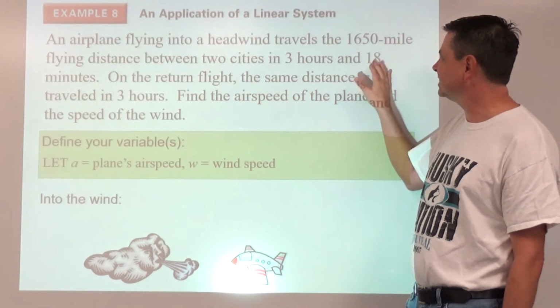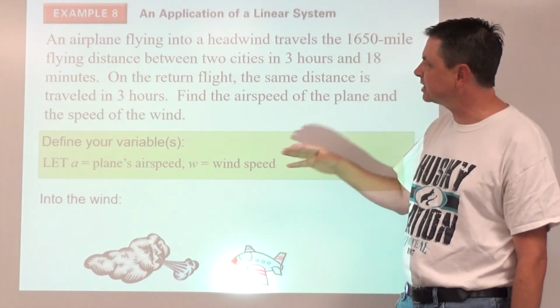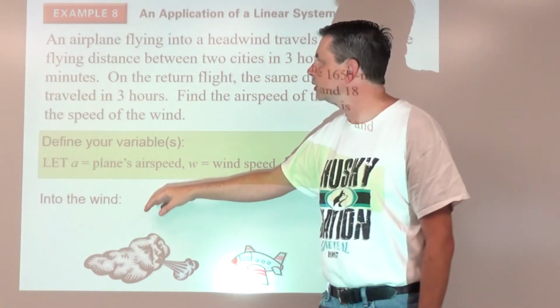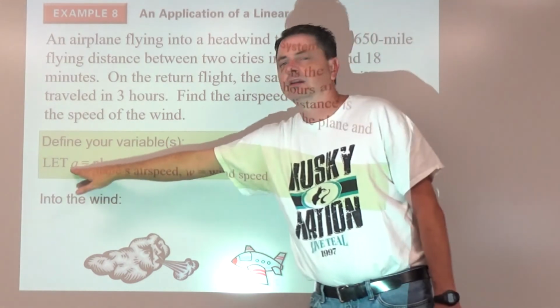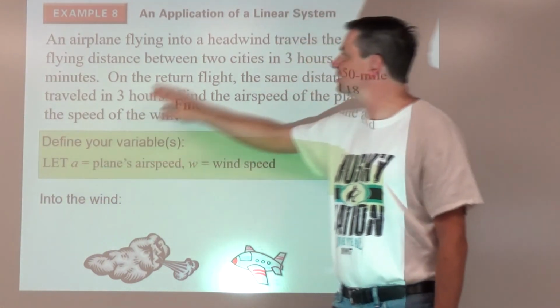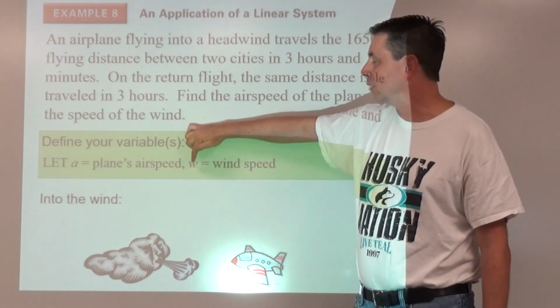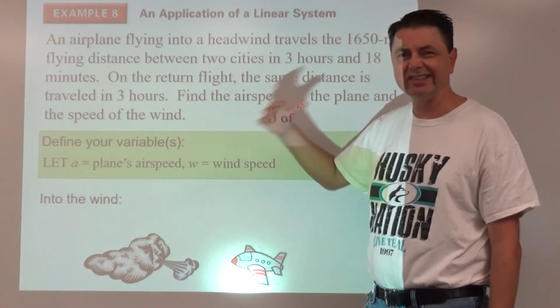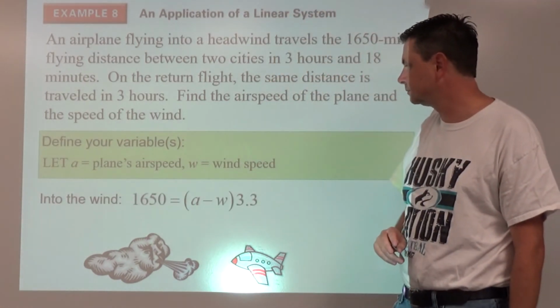So we're talking about 18 minutes out of 60. And then the rate, that's what we're going to have to figure out, because without a wind, the speed is A. And in this case, we're flying into the wind, so the wind is slowing us down by W. So since it's slowing us down, our rate is going to be A minus W.